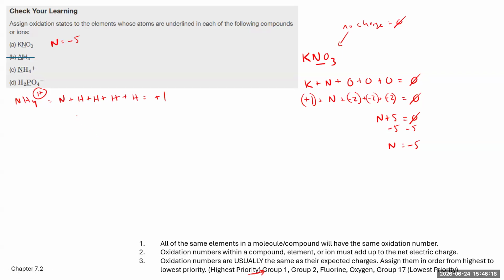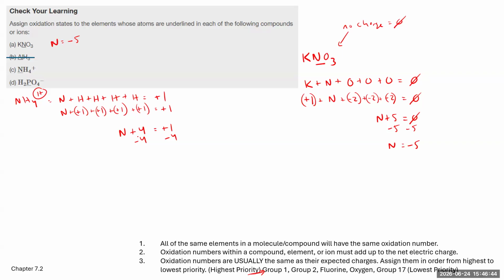Group 1 is first, so this is +1, +1, and we have nitrogen here. That has to equal +1. So we have N plus 4 equals +1.